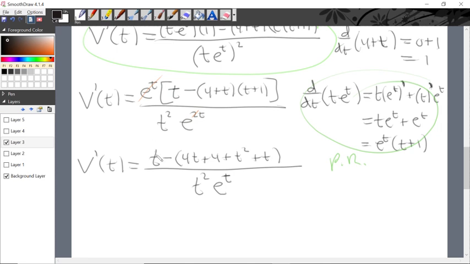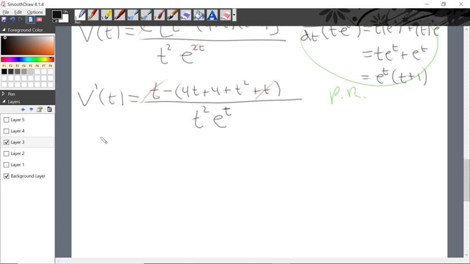And now it looks like when we distribute this minus sign, we'll be able to cancel this t with this t out here. Okay. So v prime of t now is equal to negative, I'm going to put these in standard form, t squared plus 4t plus 4 over t squared times e to the t.